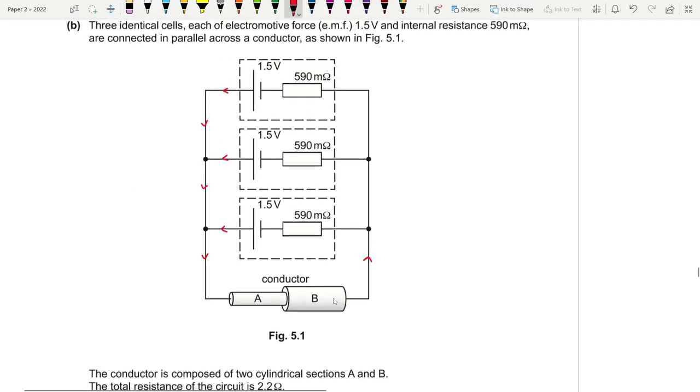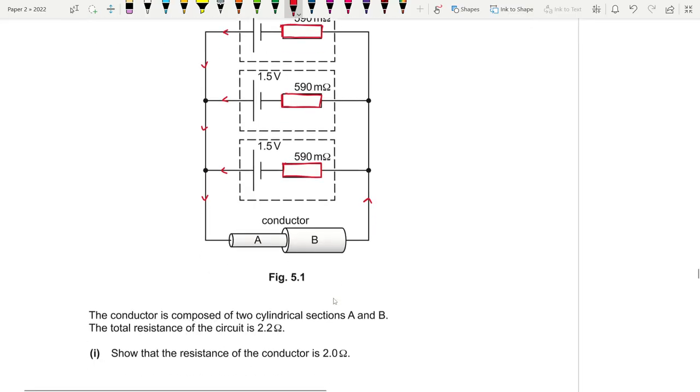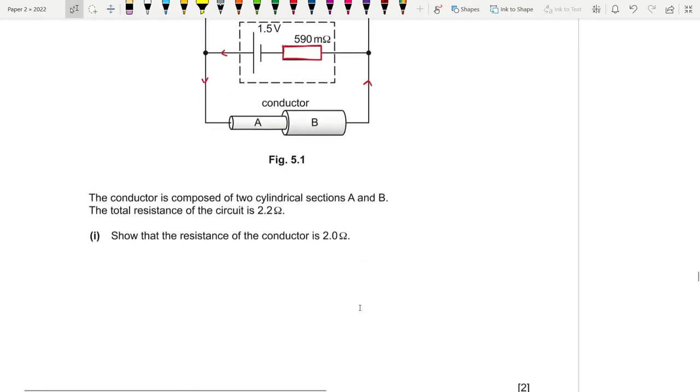So basically you can think of these three internal resistors as being connected in parallel. And yeah, so how do we find out the total resistance of the internal resistors? The total resistance of the internal resistors is equal to 1 divided by 0.59 plus 1 divided by 0.59 plus 1 divided by 0.59, like this.